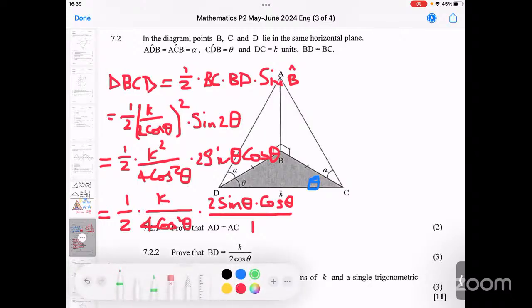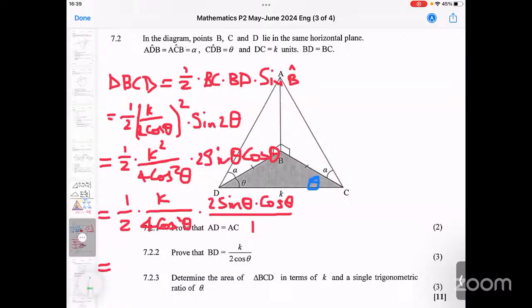I'm also shocked that you are stuck. Why is this not cancelling with that? This cancelling with that, and then this cancelling with that, so that we just remain with k squared sine of an angle.